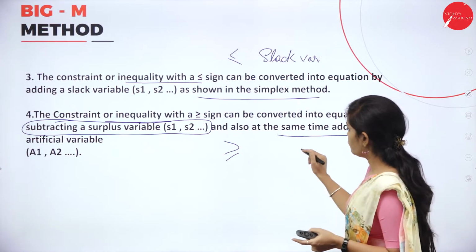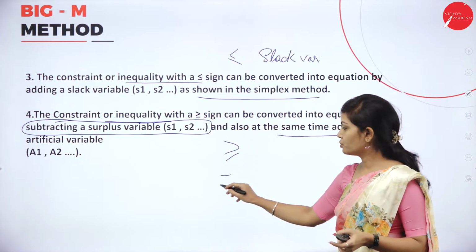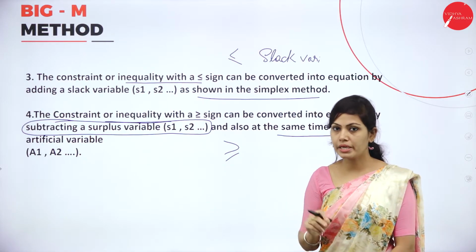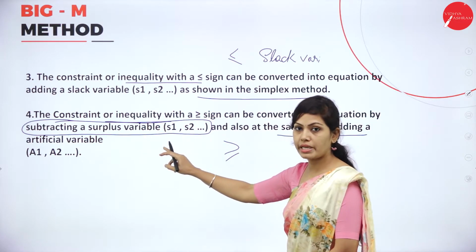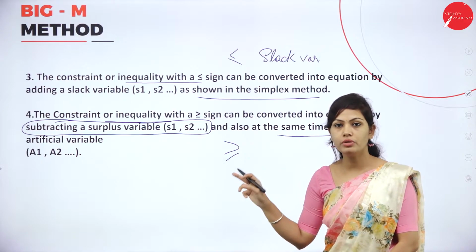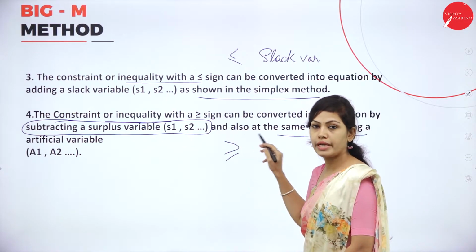Keep in mind, if you get a greater than or equal to symbol in the BCA method, you have to subtract a surplus variable with artificial variables A1, A2, etc. Surplus variables should be S1, S2, etc.